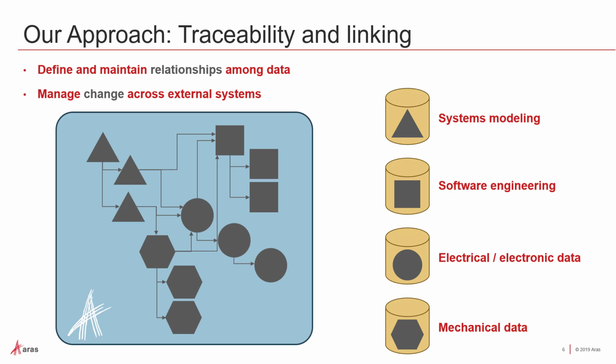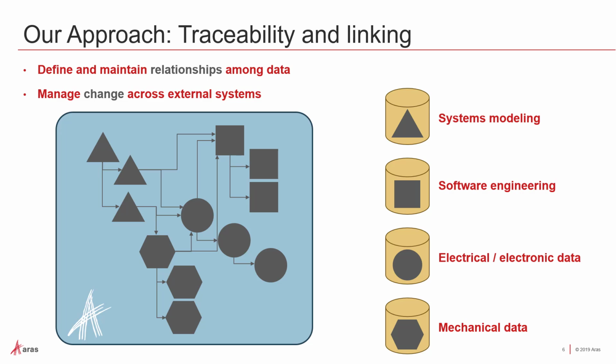Once the different data elements are available to the Aras platform, users can create and define the relationships between them. This process establishes links between related data across engineering domains, even if that data was authored in very different software tools. These links provide governance over change in the external tools.